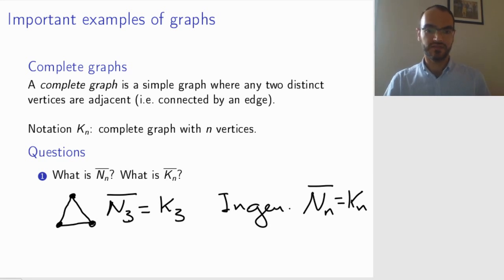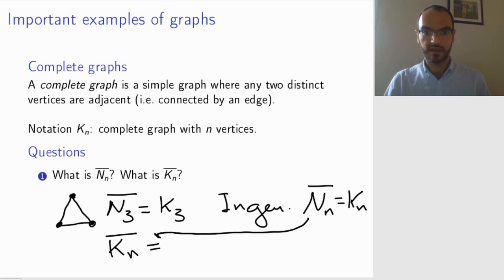But instead of reasoning like that, we can argue as follows. The complete graph was the complement of the null graph. So the complement of the complete graph is the null graph bar bar.